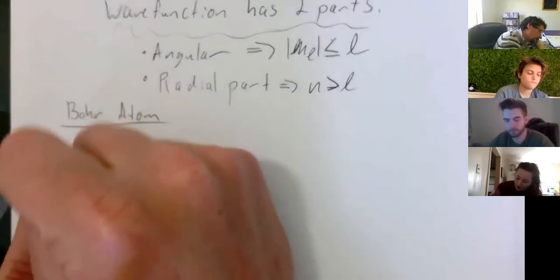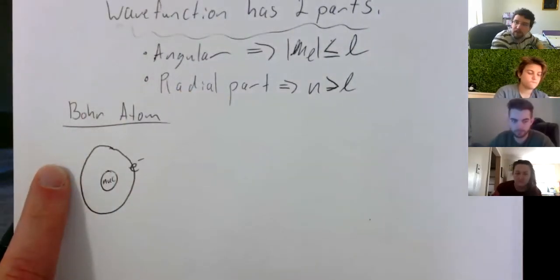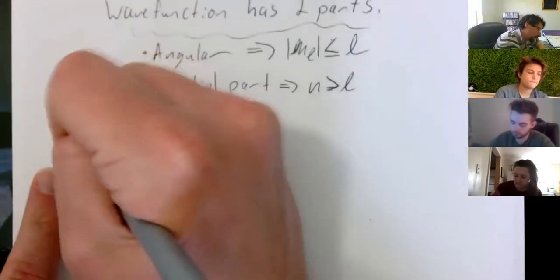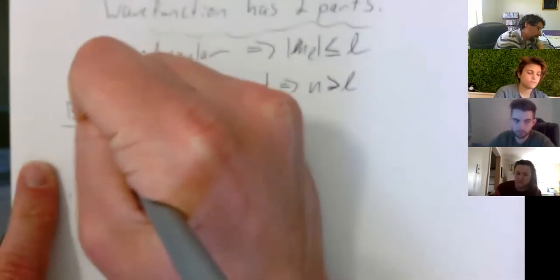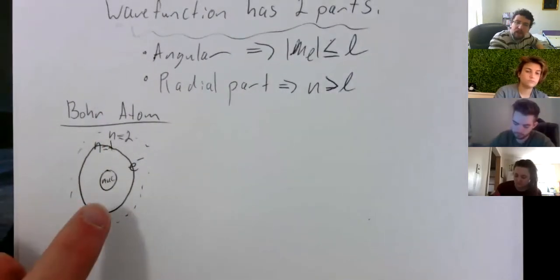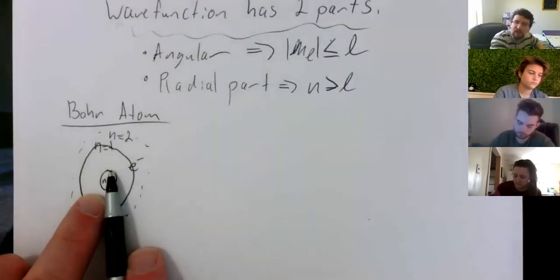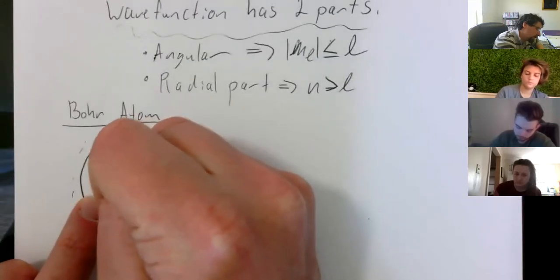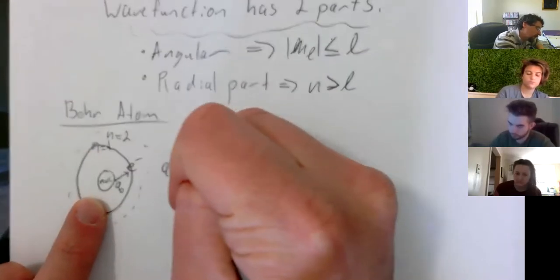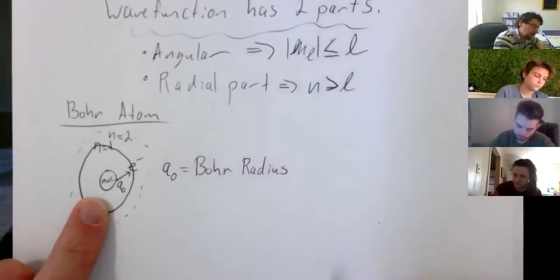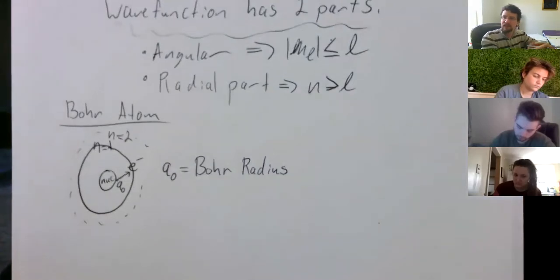Yep, and the electrons followed these discrete quantized orbits, n equals 1, and excited states n equals 2, and so on. We calculated this radius, which we called a sub 0, known as the Bohr radius.